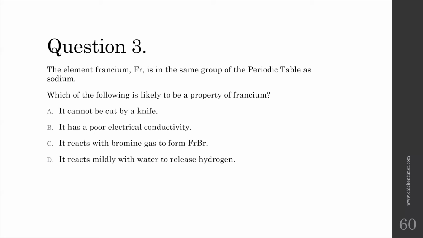Can it be cut? It cannot be cut with a knife. Is it true or false? Okay, so we take this out. It has poor electrical conductivity. Metals are good conductors of electricity, so down.